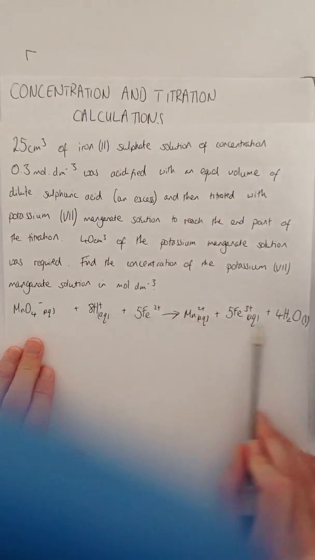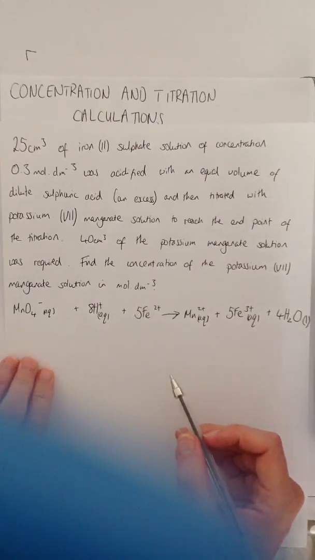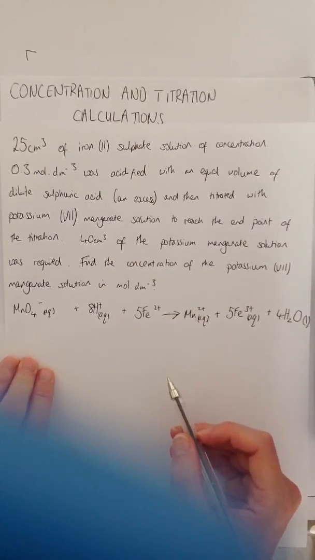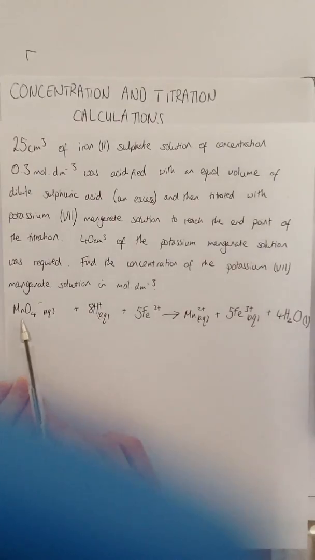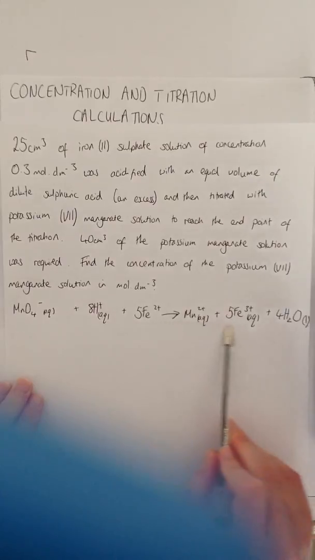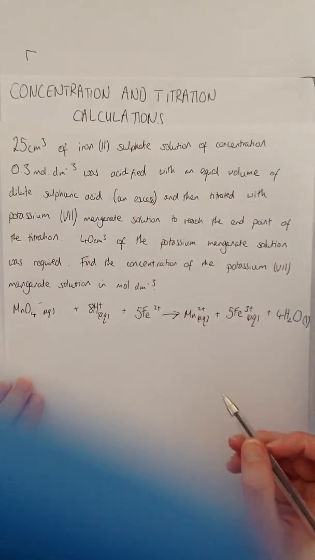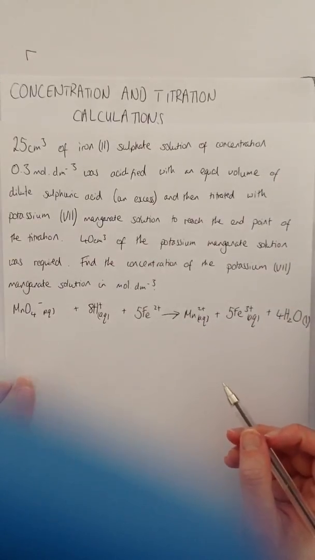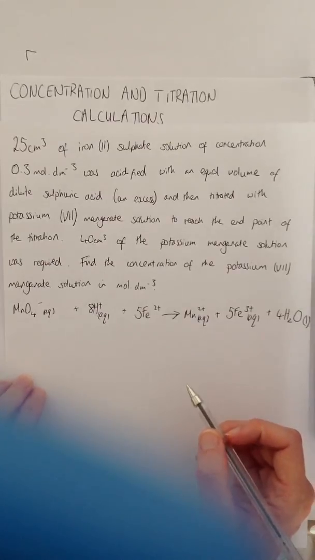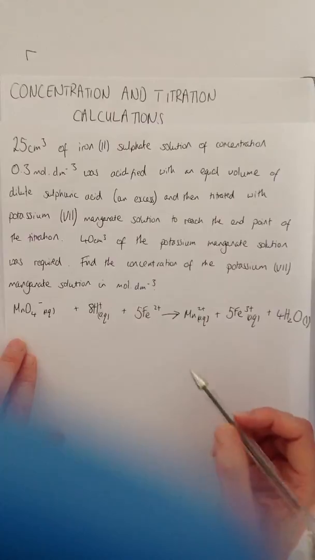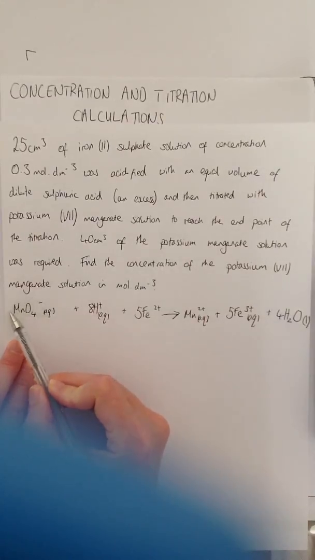And we're given this equation. This one is actually a redox titration, but even if you have no idea what that means, you should still be able to have a go at the calculation. We're given this ionic equation, which looks a bit different from our normal balanced equation, but actually doesn't make any difference to our calculation. We see that the aim here is to calculate the concentration of the potassium manganate solution.